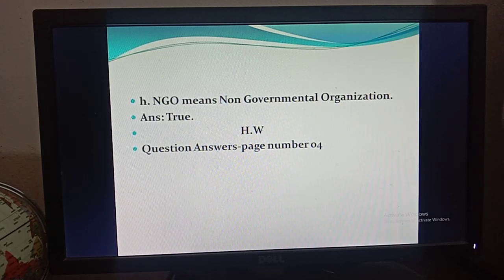Then you have to write the question number from page number 3. No, sorry, you have 2 HWs, and all of the things that I have taught you, you have to write it down in your CW copies. Okay, and I will discuss elaborately the question answer later in my next class, and before that you have to try how to write the question answers.